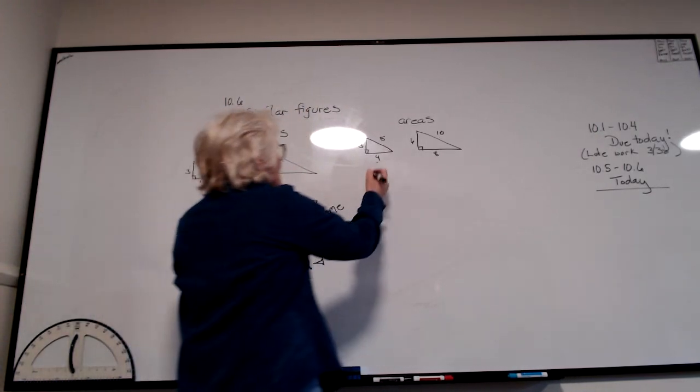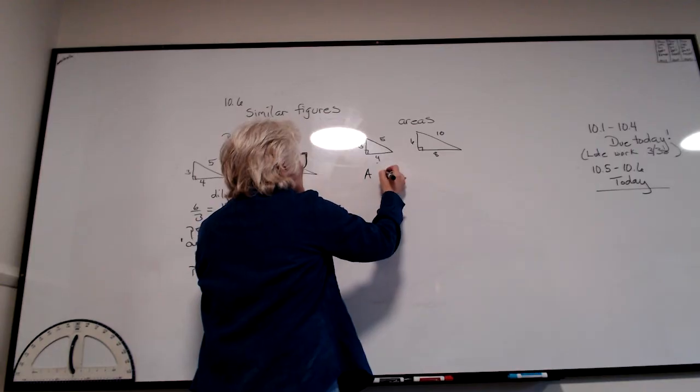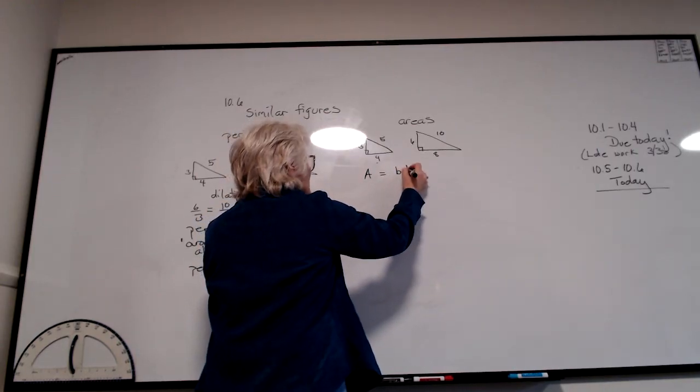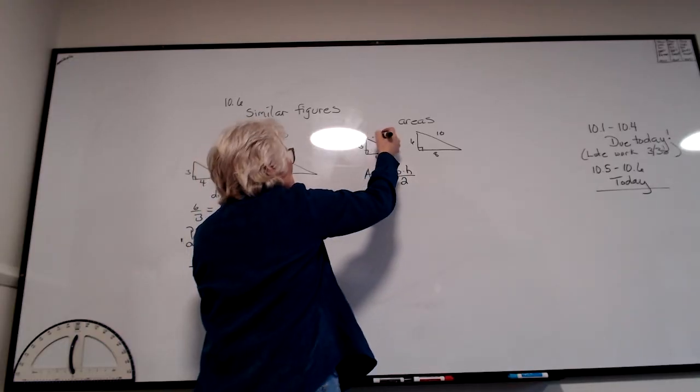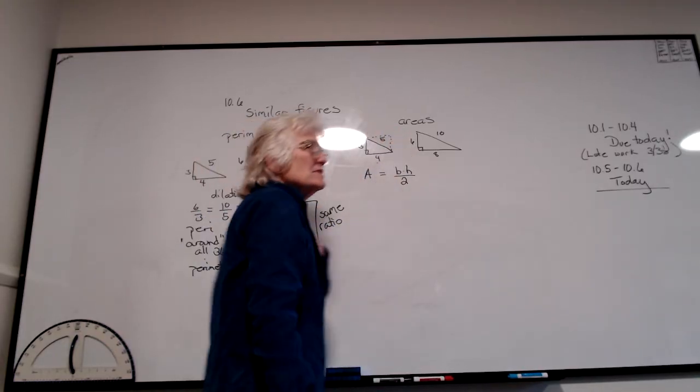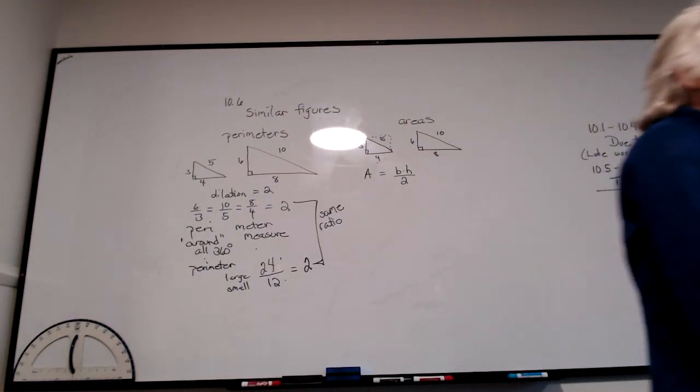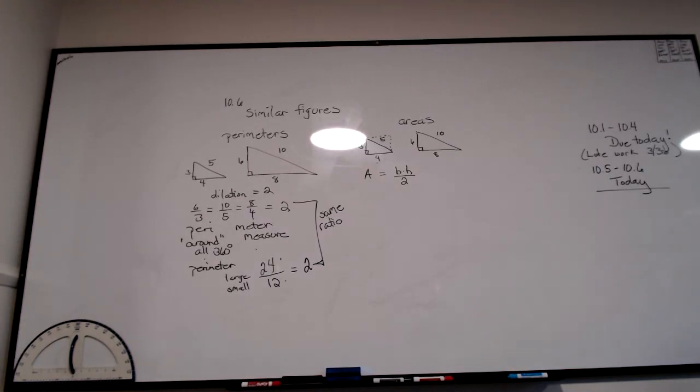So our formula for area is equal to the base times the height divided by 2. Because really, a triangle is just half of a rectangle. And to find the area of a rectangle, we've just multiplied the length times the width, or the base times the height. Okay? What is area finding?